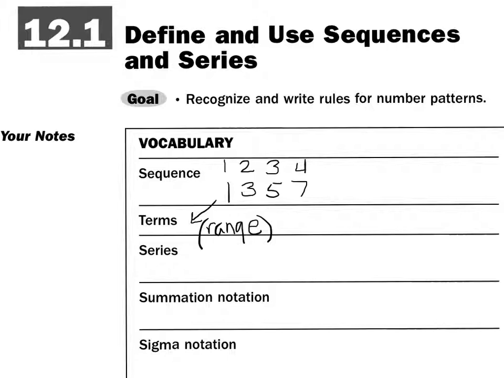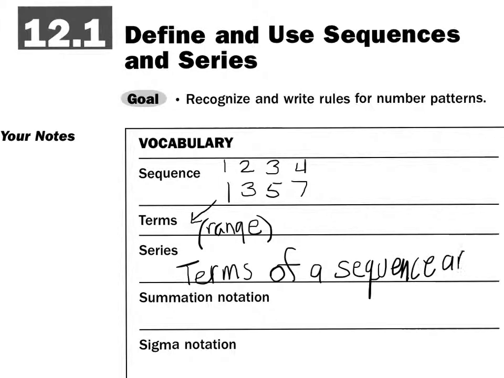A series is an expression that results when the terms of a sequence are added together. Okay, summation notation.